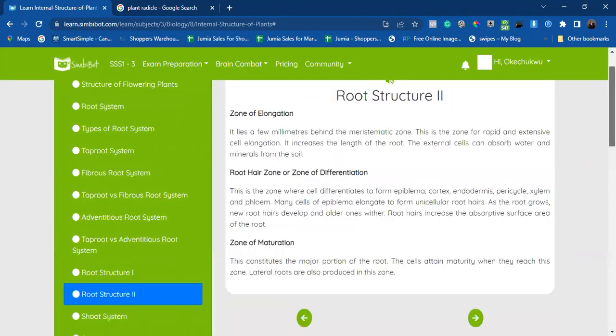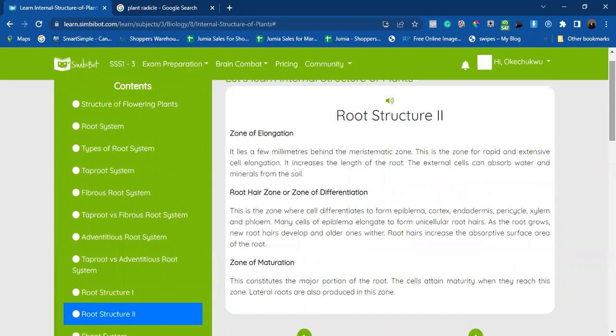So the next zone, we've looked at the growth zone. The next one is the elongation zone. Growth zone is where the growth is initiated from. Then the elongation zone is where the cell elongation occurs, where the cells begin to elongate and grow taller.